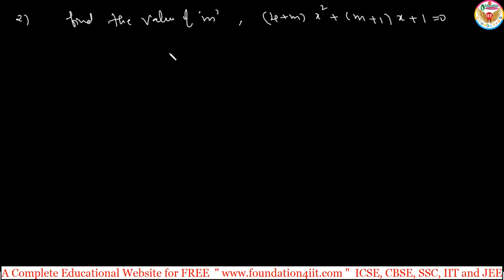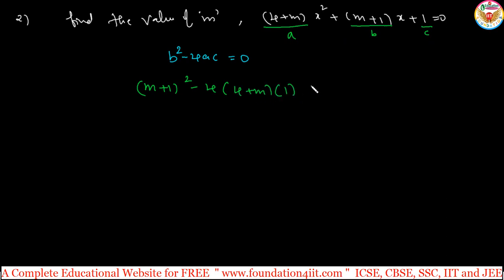Since the roots are real and equal, b square minus 4ac is equal to 0. Here the x square coefficient is a, the x coefficient is b, and the constant is c. Substituting, we get (m plus 1) whole square minus 4 into (4 plus m) into 1 is equal to 0.